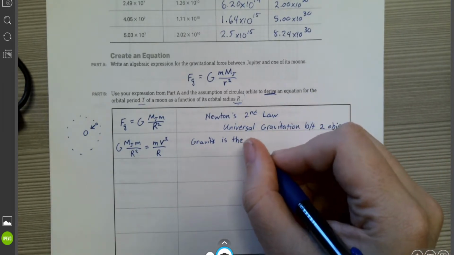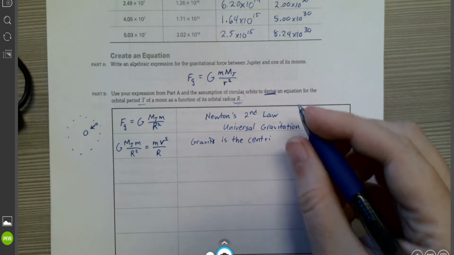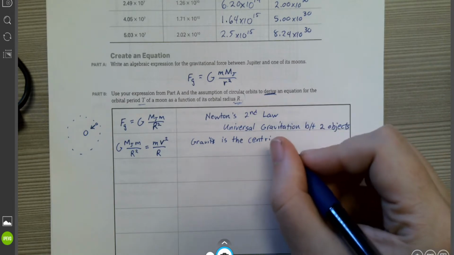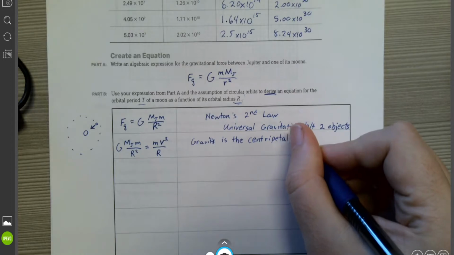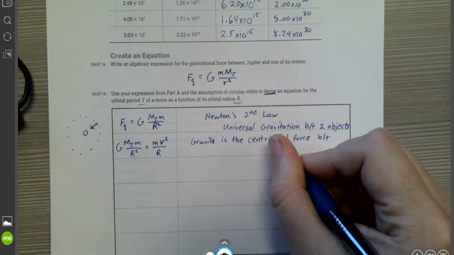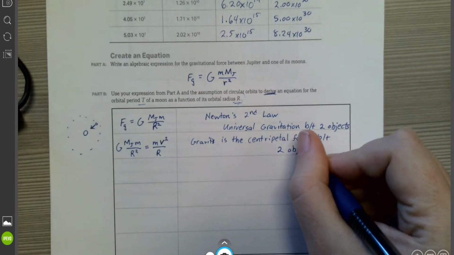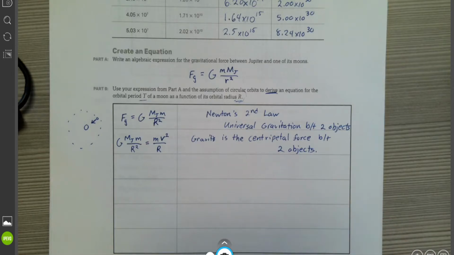Let's make sure that we spell it right. Don't spell it as centrifugal, because then I'll have to find you and hit you with a broom or something. It'll be centripetal force between the two objects. Here we go.